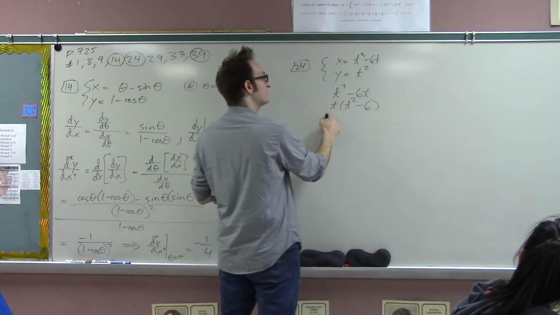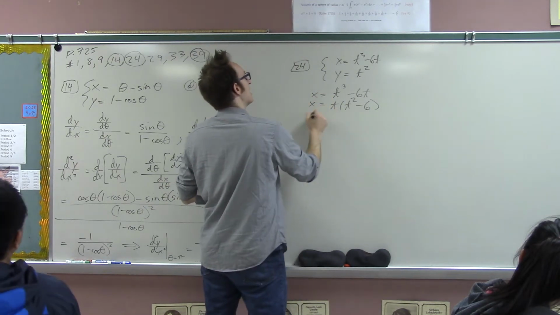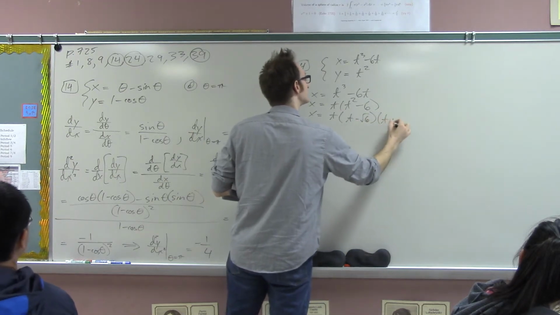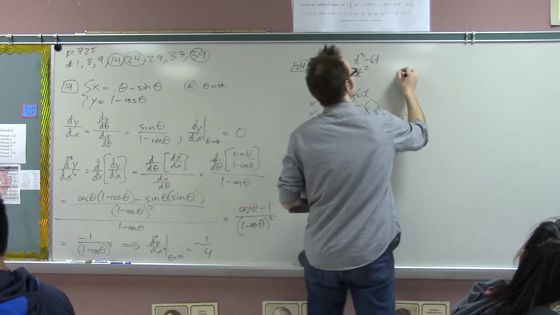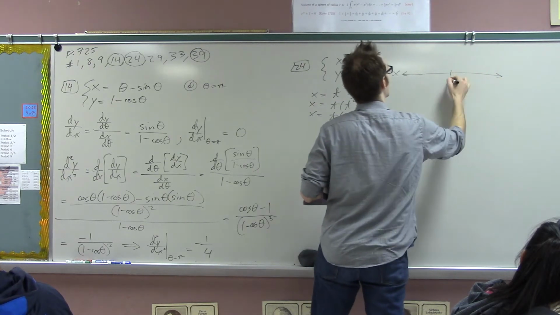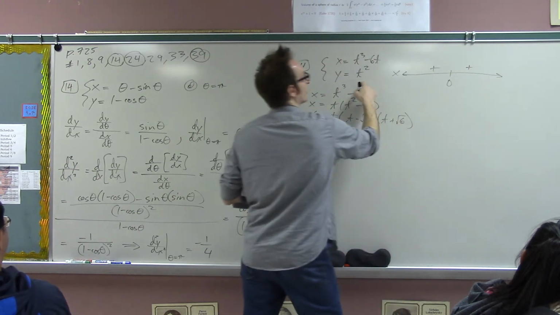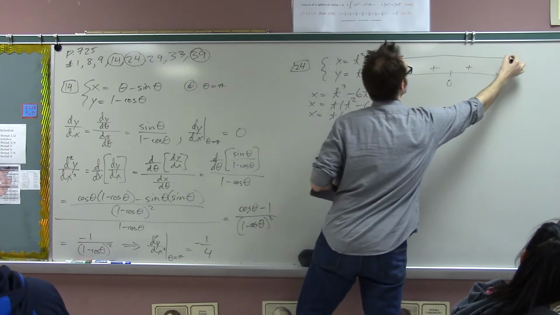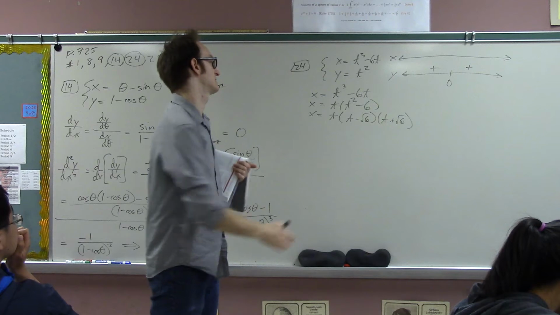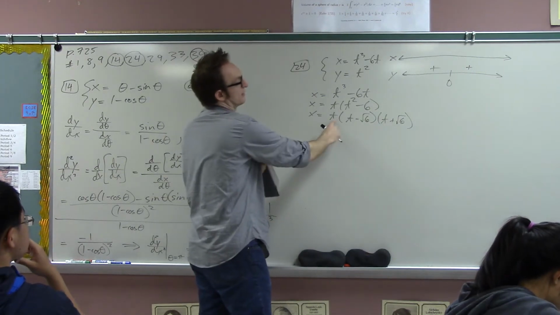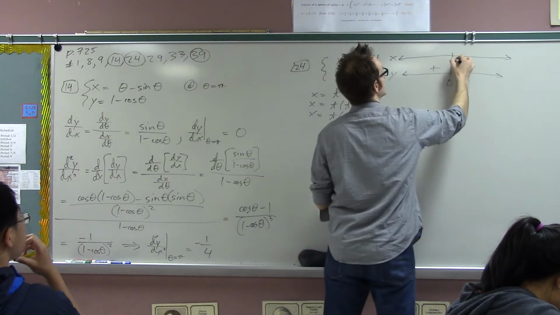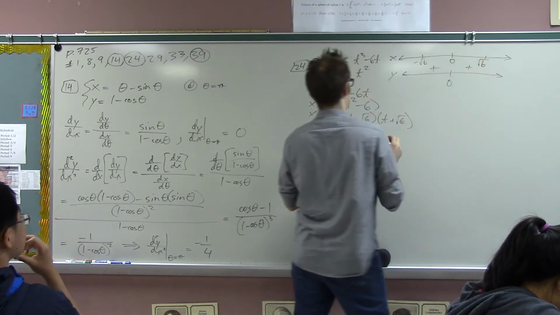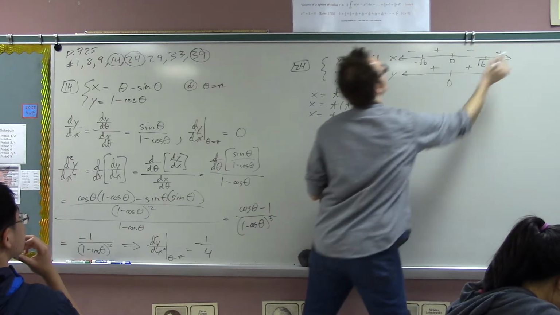So if you factor a t out of the x equation, then you get x equals t times t minus root 6 times t plus root 6. And that enables you to make a sign chart. The sign chart for y is that it's always positive. But the sign chart for x is that it is cubic, so it's going to change signs at 0, negative root 6, and root 6, and it's going to go negative, positive, negative, positive.